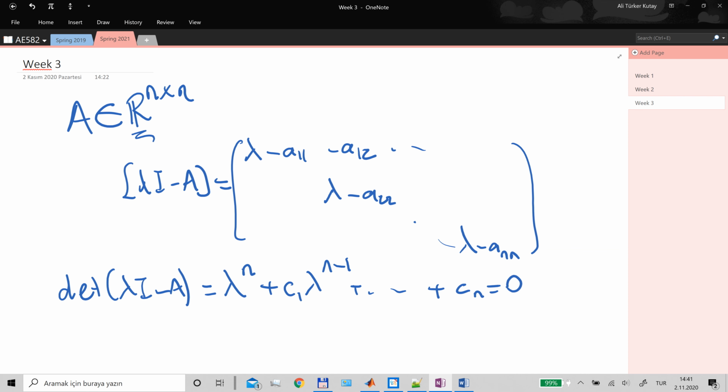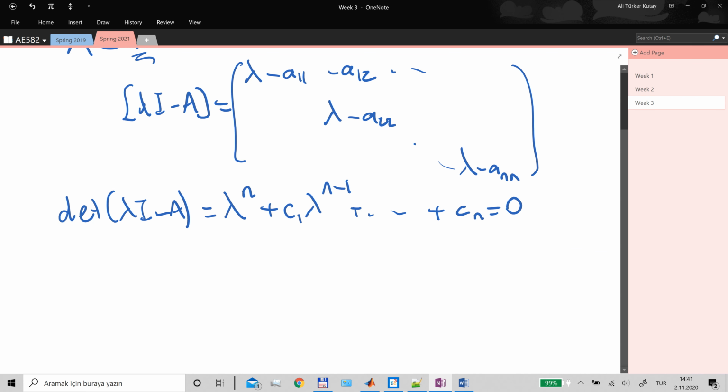Okay, and an nth order polynomial of lambda will have n roots, and these roots can be real numbers or complex numbers. And if a root of this polynomial is a complex number, we know that its complex conjugate will also be a root of that polynomial. This is because of the fact that A is a real matrix, so the coefficients of the polynomial are also real.